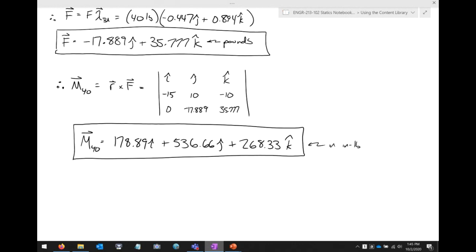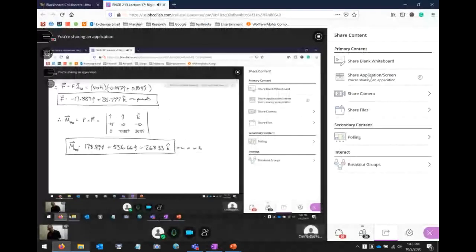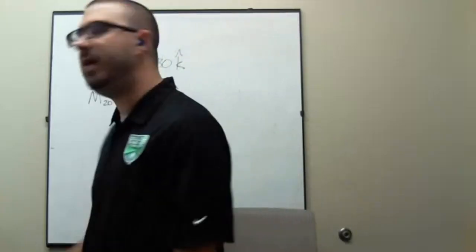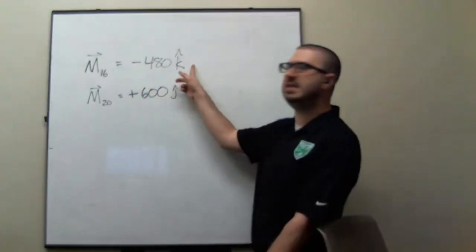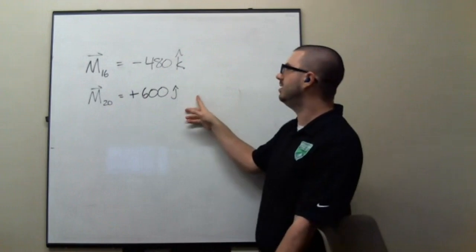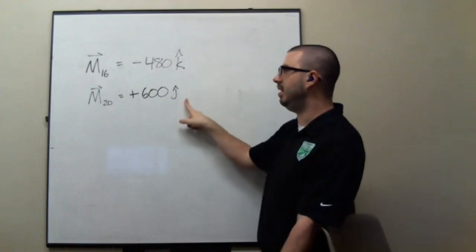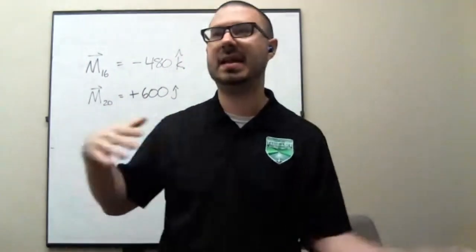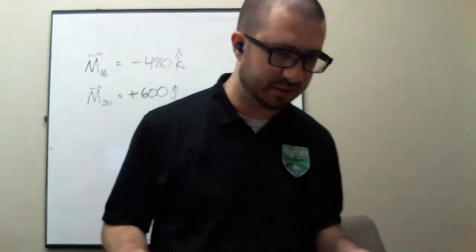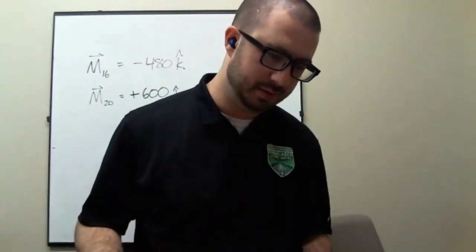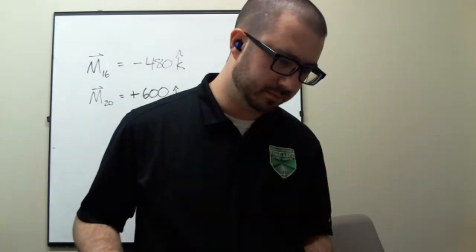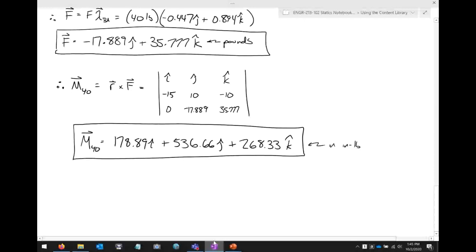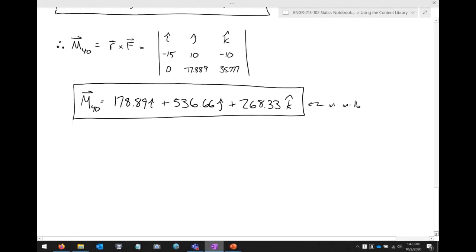All right. So just to recap, we've got our M40 vector, and we also have M16 and M20. If I take M16 plus M20 plus that, that's going to give us our composite moment vector for the entire problem. Hopefully you see that this really isn't all that confusing.